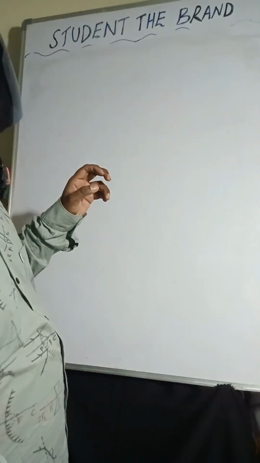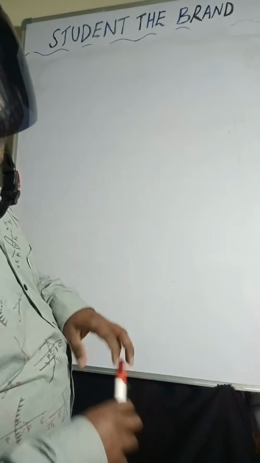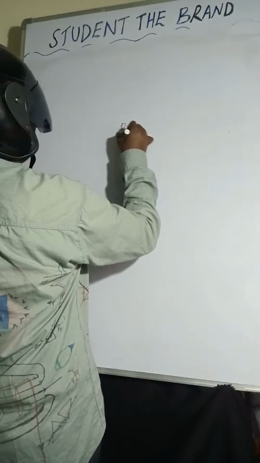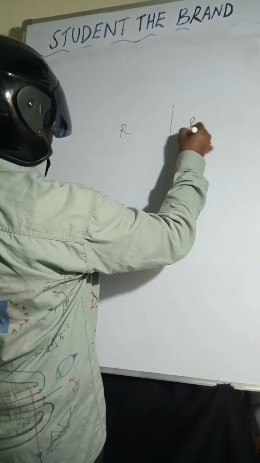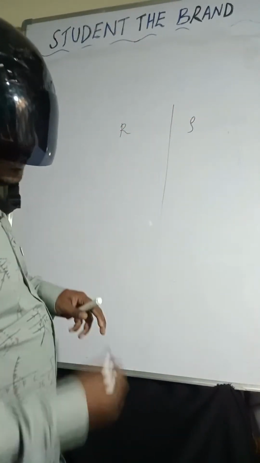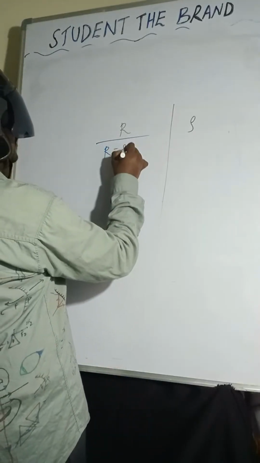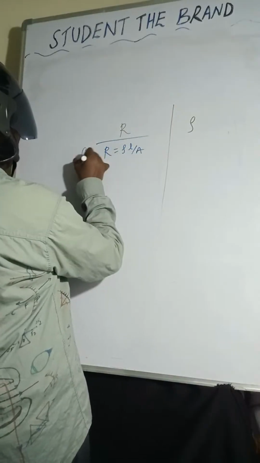Now you can see here, resistance and resistivity. R equal to rho into L by A, first equation.